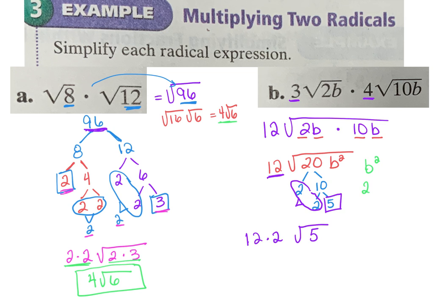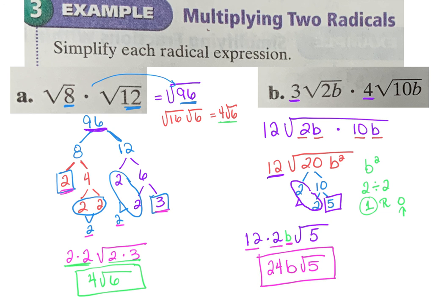If we use the division technique, 2 divided by 2 is going to be 1 with a remainder of 0, which means we have 1 b that comes out and no b's stay in. And so when we simplify that, we're going to say 12 times 2, which is 24, and we have that b. And then inside, we just have that 5. So our answer here would be 24b times the square root of 5.